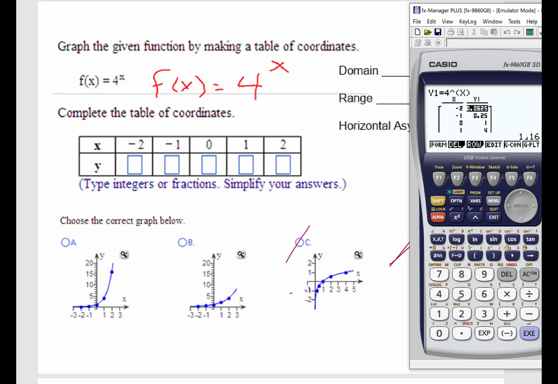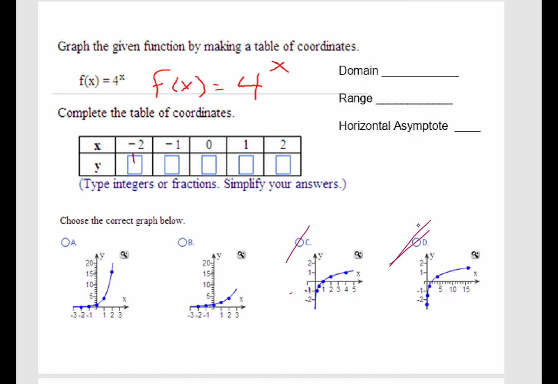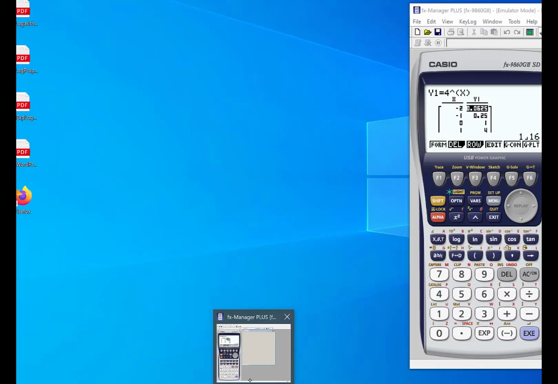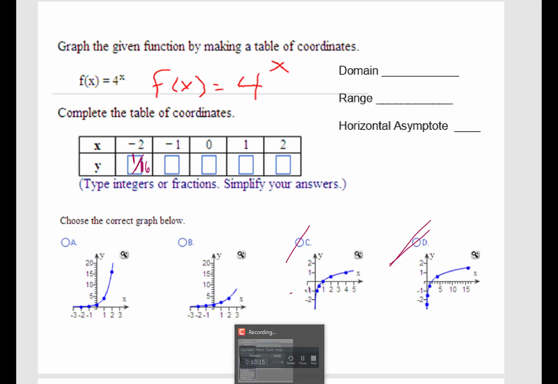Okay, I pressed F to D. Usually when you arrow to the right, in my experience, it's showing you a fraction. Okay, so it shows us the fraction 1/16. Then I say, okay, 1/16, let me write that in. Let me fill in the rest of these from the table. Okay, we got the rest of our table filled in.